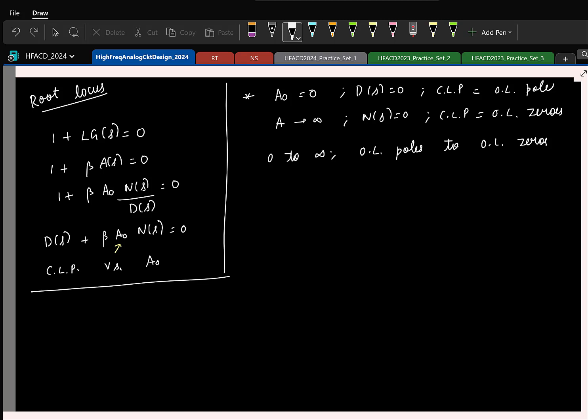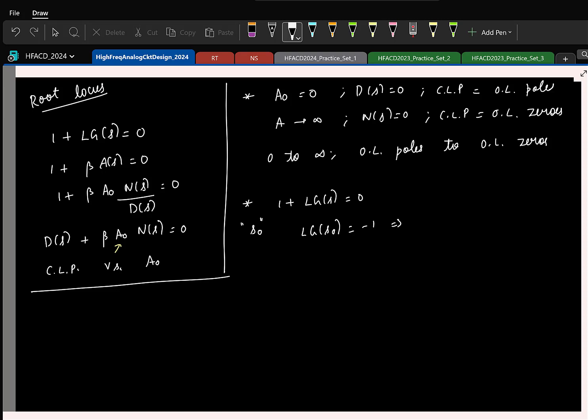Second observation I want to make is the following. Now this is the equation whose roots we are trying to find. Let us say a point S0 could be a closed loop pole. So then I will basically write this equal to -1.